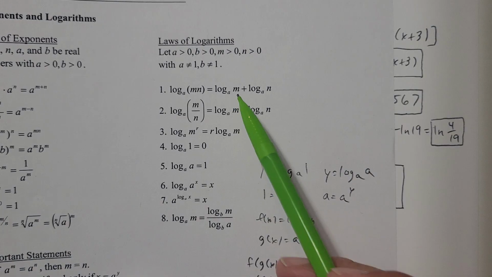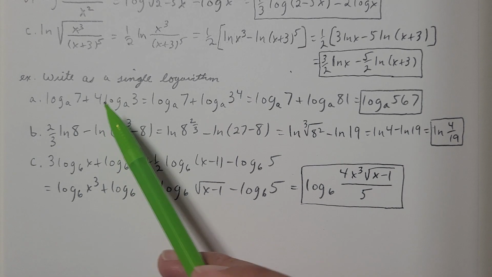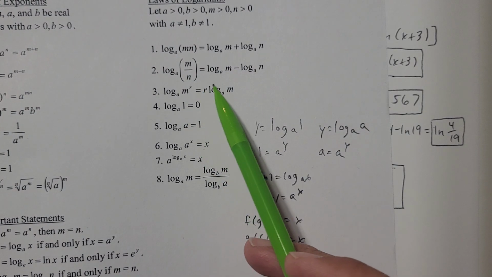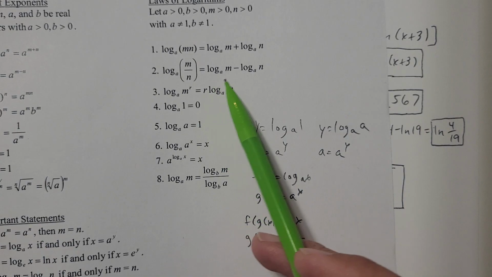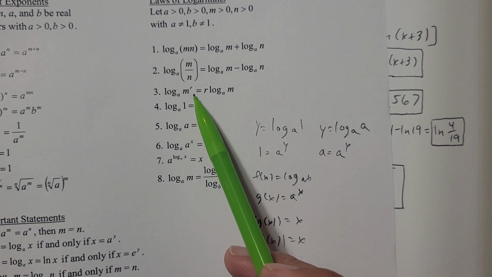So let's see. I have a 4 in front of this logarithm. And what am I going to do with that 4? Well, I can use law 3 to start. And that says I can pull the multiplier back so it's the power of the inner part. Okay, so let me do that.